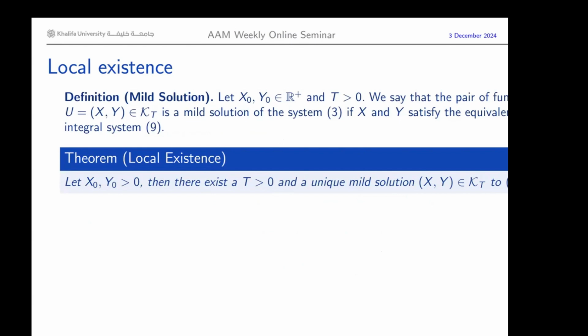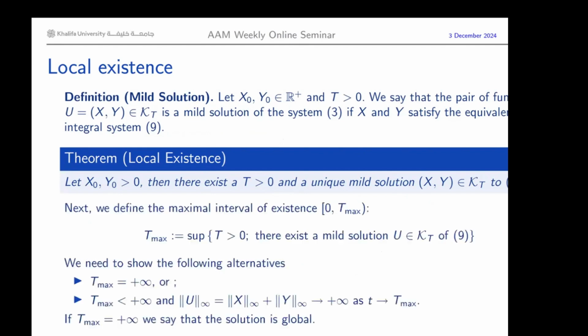It might differ from one person to another, but then we need to find the maximal possible time for our solution to exist. We denote by Tmax such time, meaning the maximum time of existence.